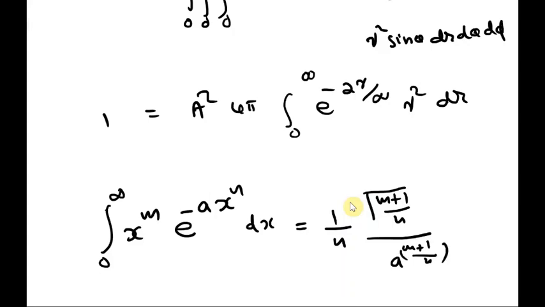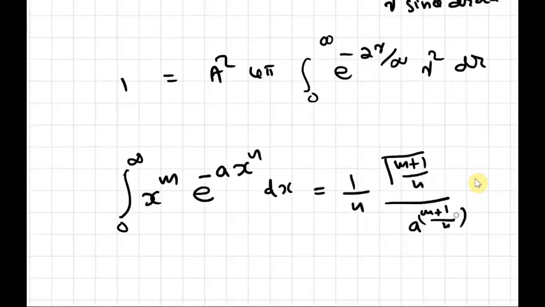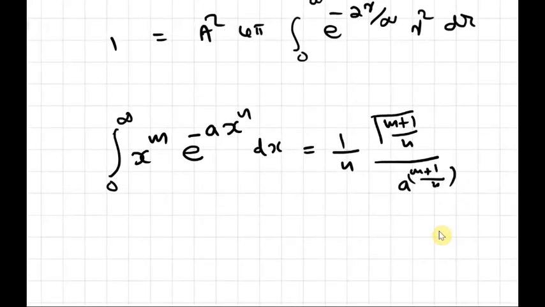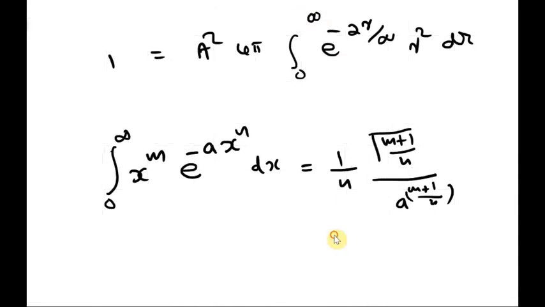It's a standard equation, kind of easy to remember. 1 by n gamma (m plus 1) by n, a power (m plus 1) by n, again the same term. Okay, so I just have to apply this equation here.